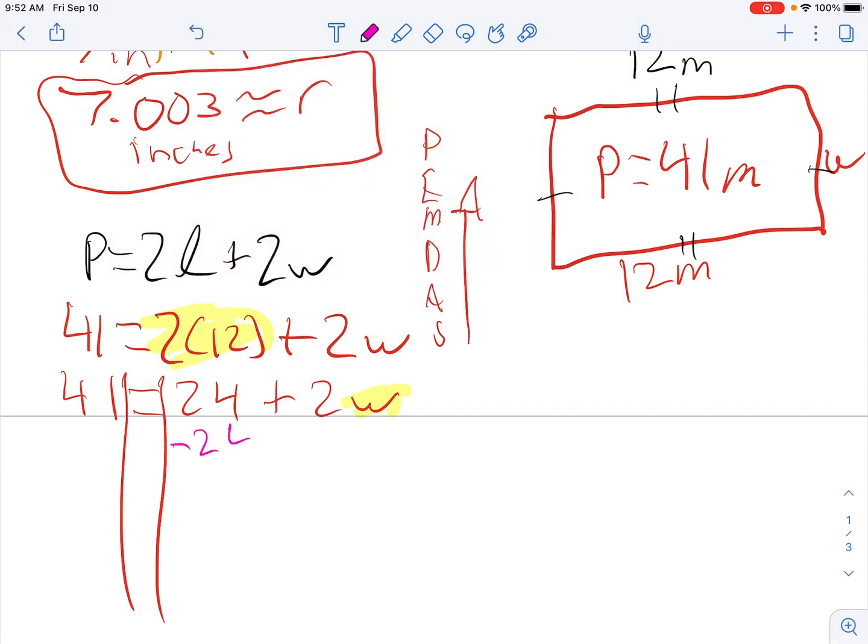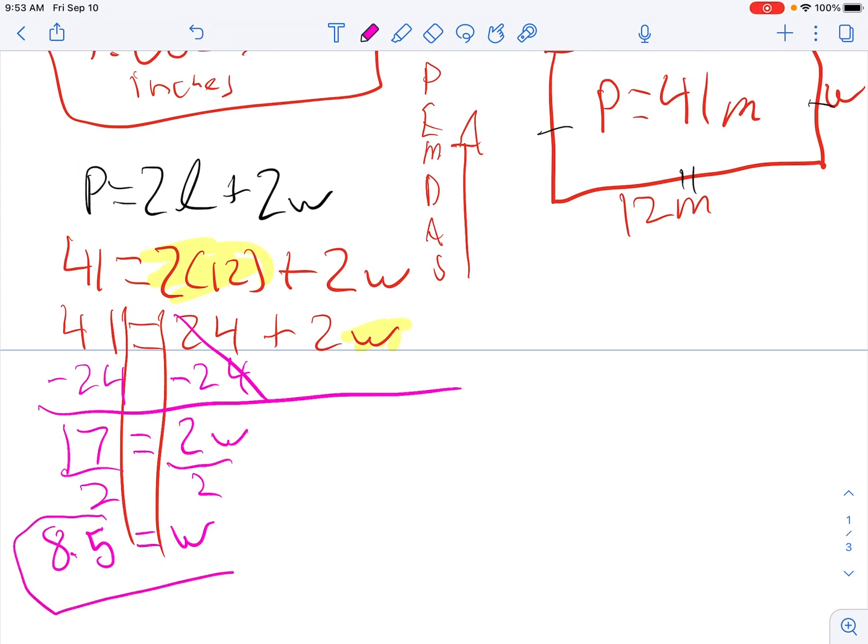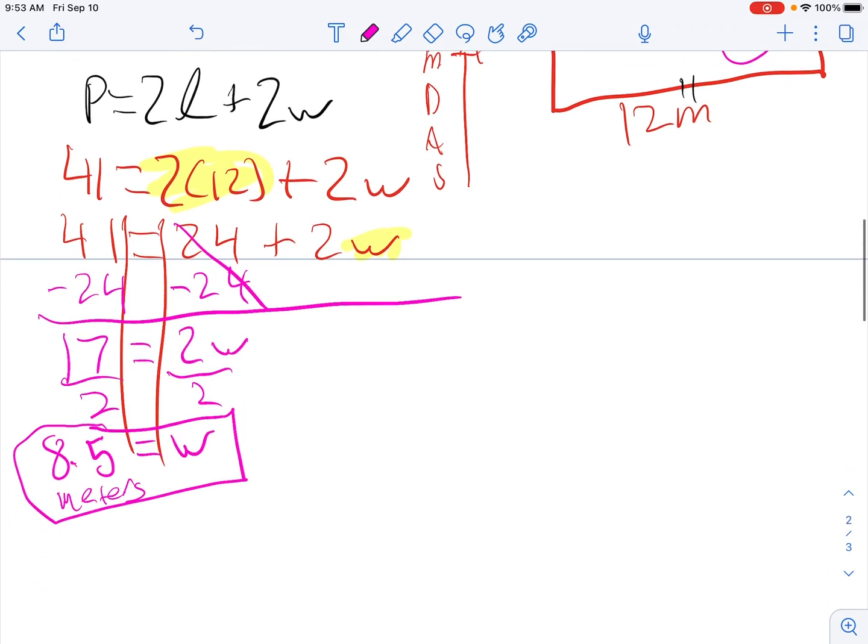If I see addition or subtraction, right here I have a positive 24, so I'm going to subtract 24 from both sides. This cancels out. 41 minus 24 is 17, equals 2 times W. Therefore, I'm going to divide by 2, and my width is going to be 8.5. The question was to solve for W, find the width, and we were able to do that. Because my units were meters, I should say 8.5 meters.